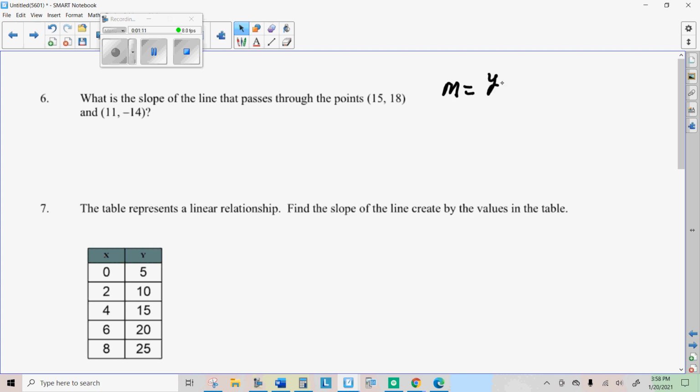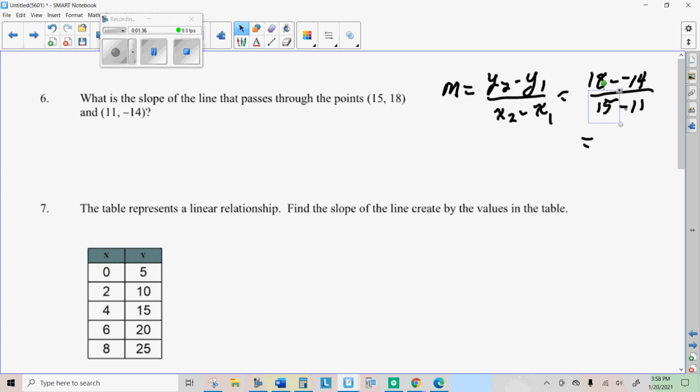You subtract the 2 y coordinates, that's your rise, and then you subtract the 2 x coordinates, that's your run. So you would do 18 minus negative 14, those are the y coordinates, and then in the same order, 15 minus 11 are your x coordinates, and that would be 32 over 4, which as long as it comes out a whole number, you might as well write as a whole number, 8.